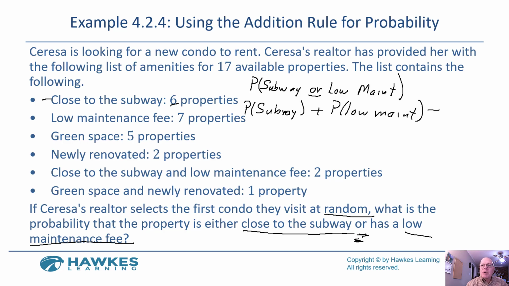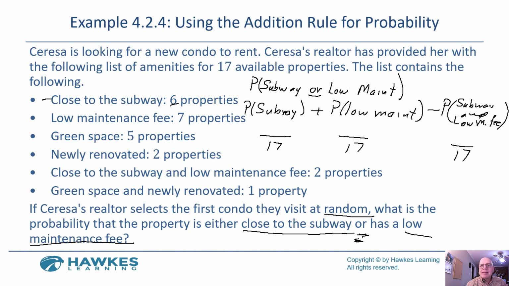But it's possible that you might have a property that has both of those. So you want to subtract the probability that it's near the subway and has a low maintenance fee. So what do we have? Well, first, we've got 17 available properties. So each of these probabilities is going to have a 17 in the denominator, right? And this one as well.